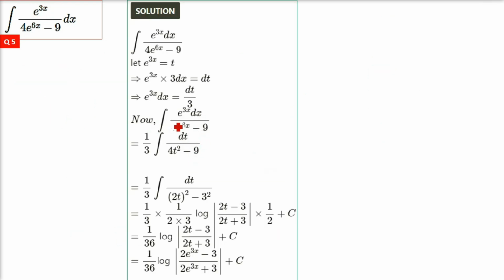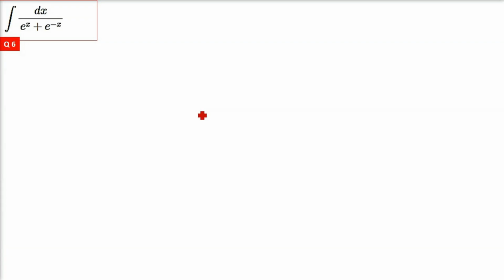So this is the way, the whole step I have already explained to you, that you can just go about it. Now all this has to be written without failing to write the symbols and all mathematical notations. Now first we will resolve this, and then once we resolve, we can apply the same scheme which we have just applied in the previous question. That is, this denominator, if you take e raised x plus 1 by e raised x, because e raised minus x is 1 by e raised x.